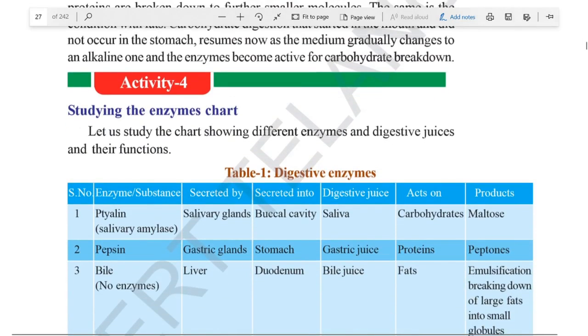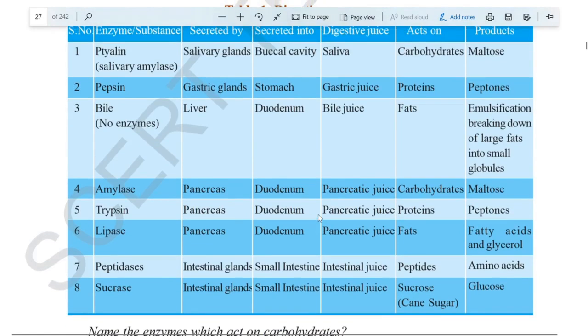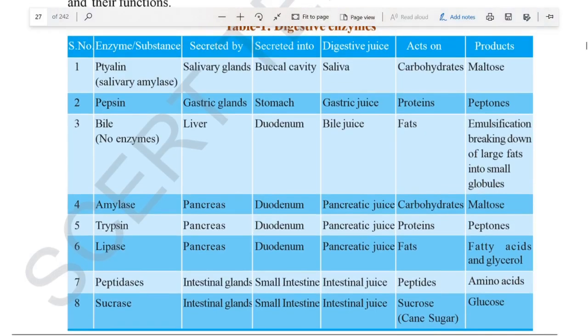Study the enzyme chart: which organ releases what enzyme, where it is secreted, what type of juice it is released in, what it acts on, whether carbohydrates, proteins or fats, and what products are formed by the action of these enzymes. So this is a chart.